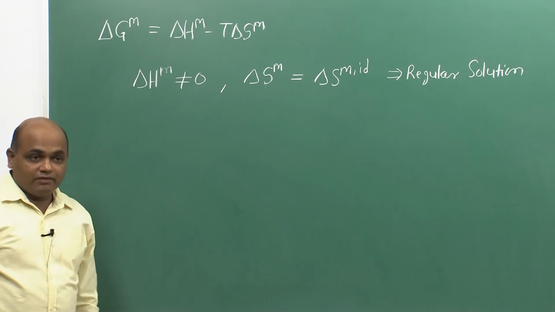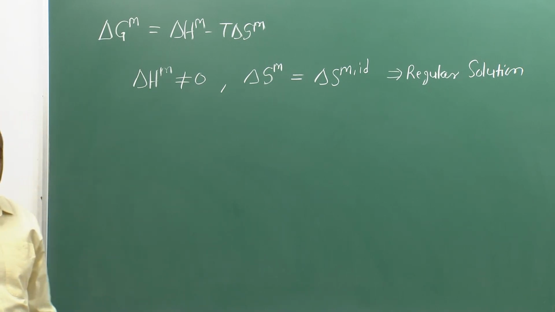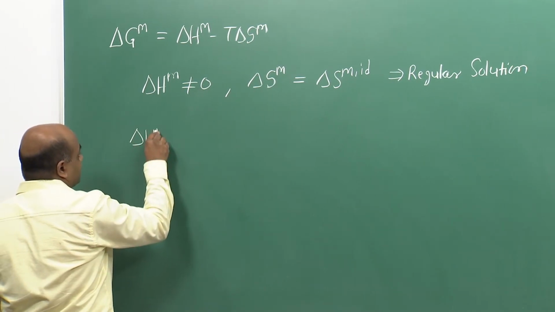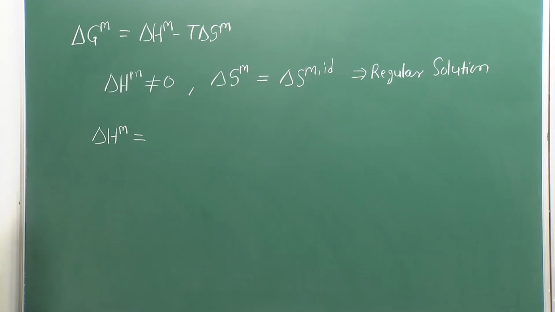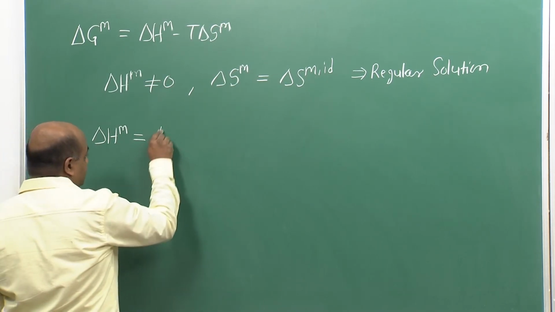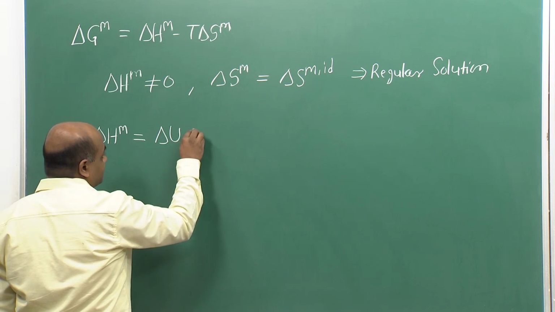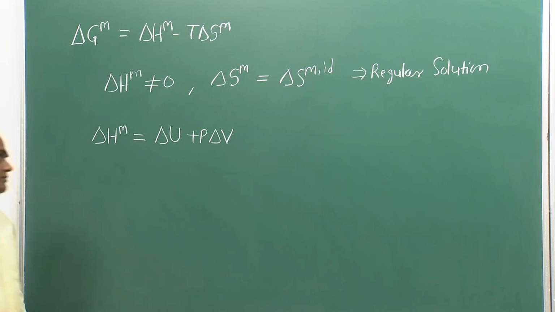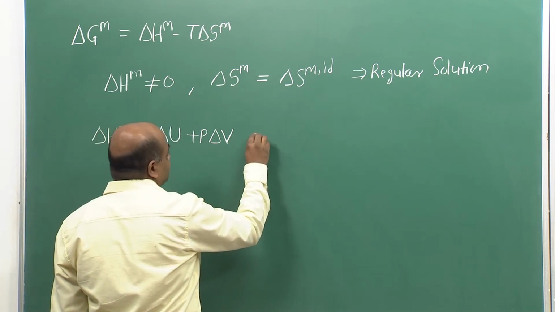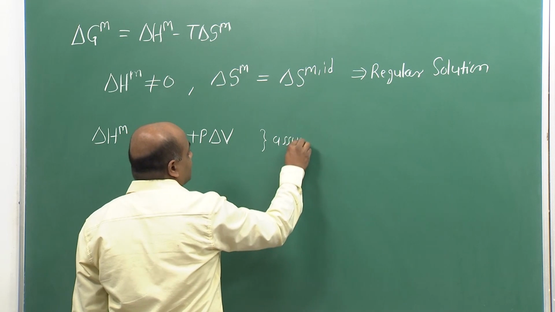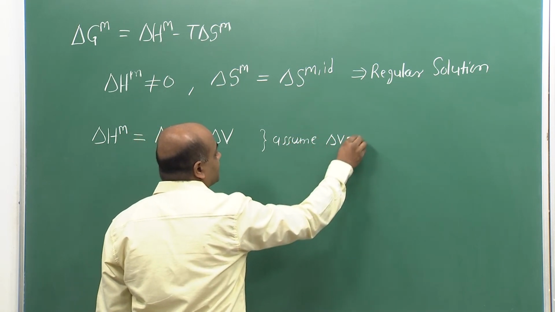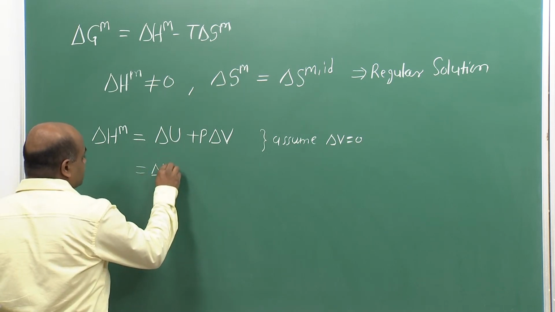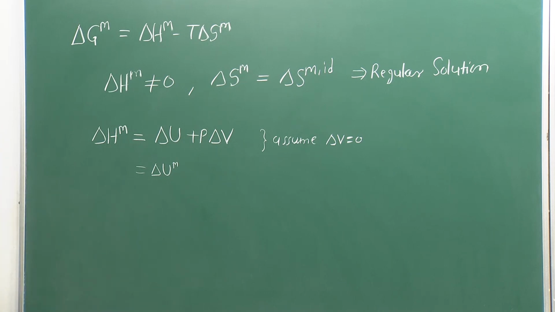So, now we need to evaluate the enthalpy of mixing. You know, delta Hm at constant temperature and pressure, you can write this as delta U plus P delta V. We make further assumption that delta V is negligible, and so delta Hm just becomes equal to change in internal energy.